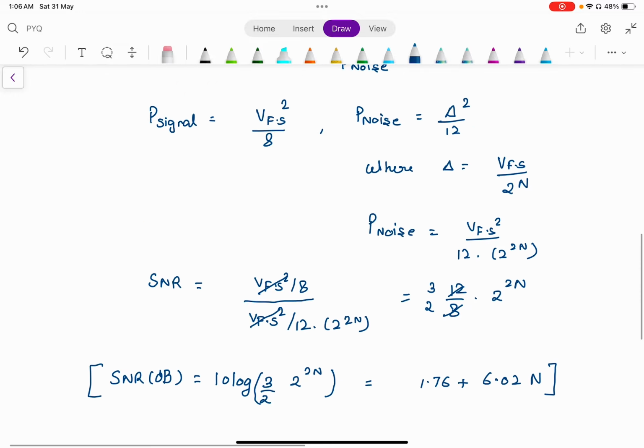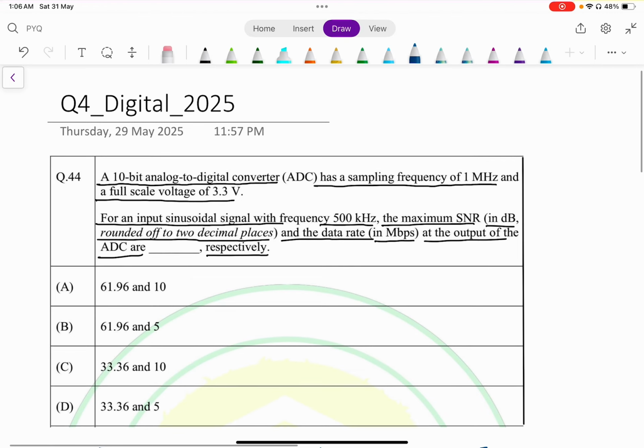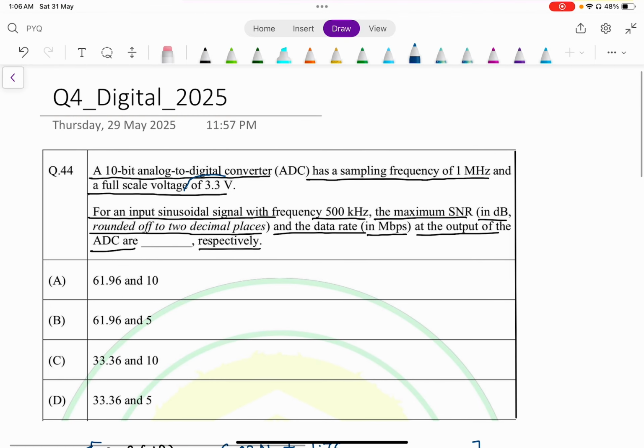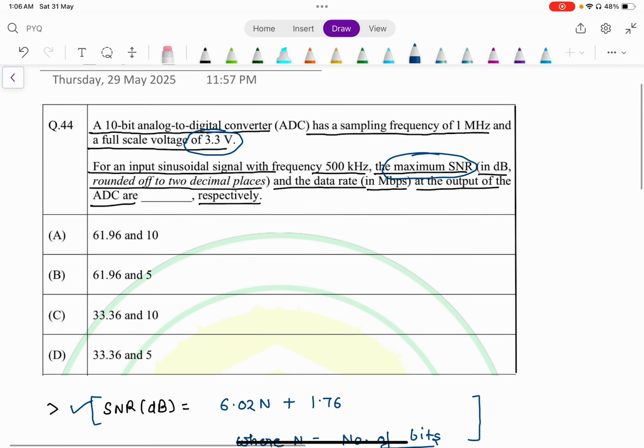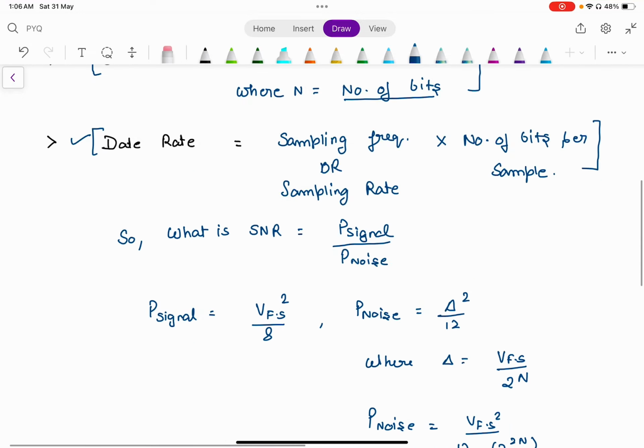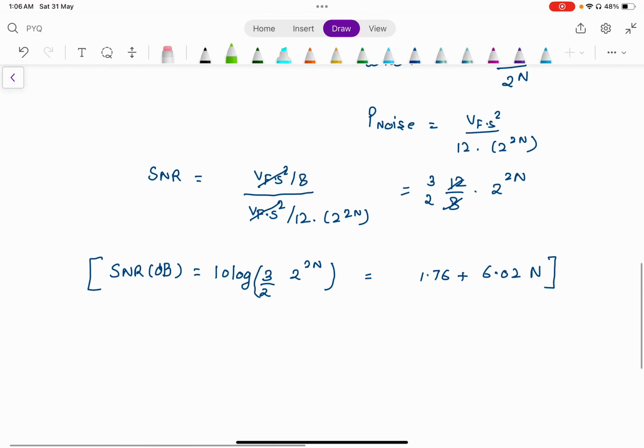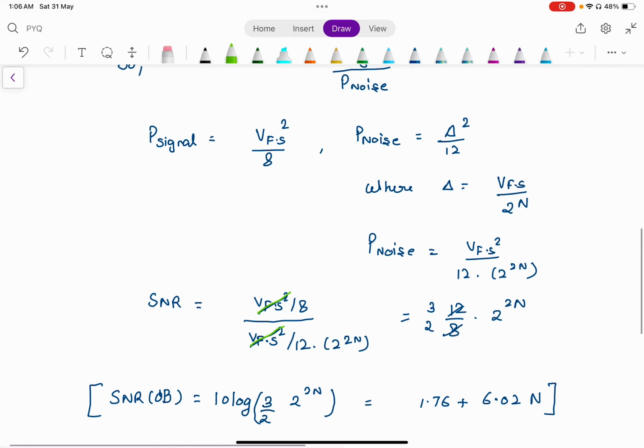So in this question, it is also written a full scale voltage of 3.3 volt, but while finding the maximum SNR, you won't need this value, because you already see that the full scale voltage gets cancelled out. So whenever signal power or noise power is asked separately, then you need the full scale voltage.